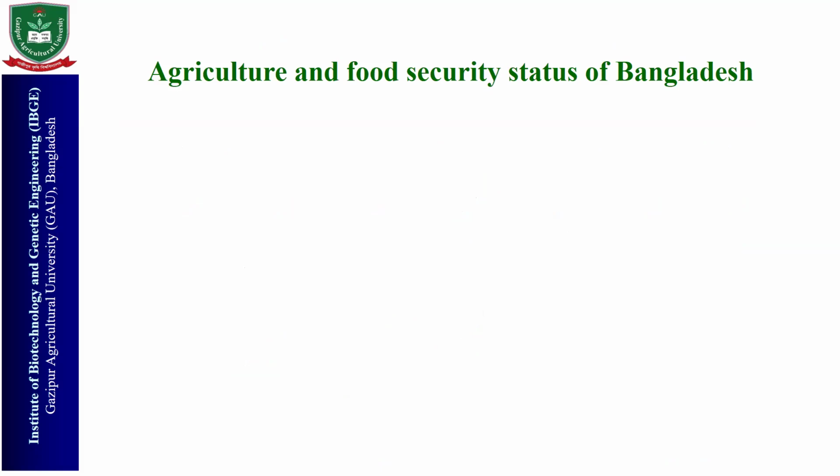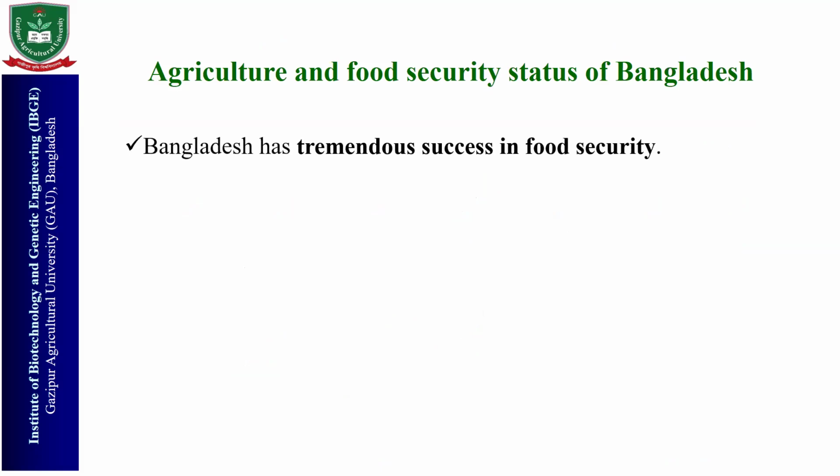Agriculture and food security status in Bangladesh. In brief, Bangladesh achieved tremendous success in attaining food security in the last 50 years. We increased food production in every type of food 3 to 4 fold after independence in 1971.